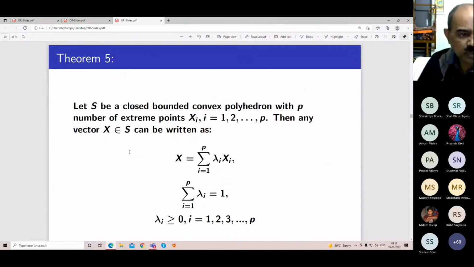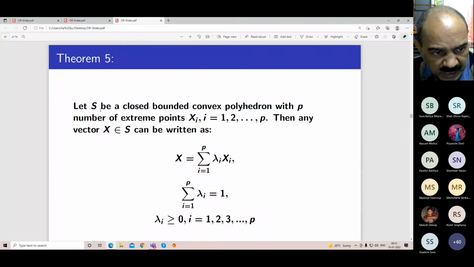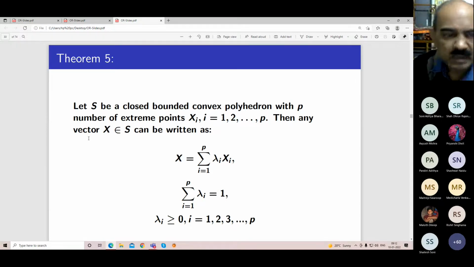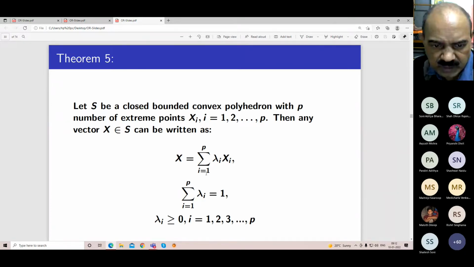Then theorem 5. Theorem 5 says if S is a closed bounded convex polyhedron with p number of extreme points, then any point x can be written as x equal to summation over i from 1 to p of lambda i x i, where summation of lambda i from 1 to p equals 1 and lambda is non-negative.